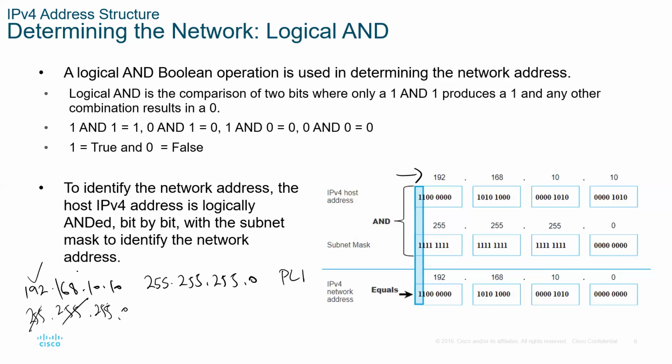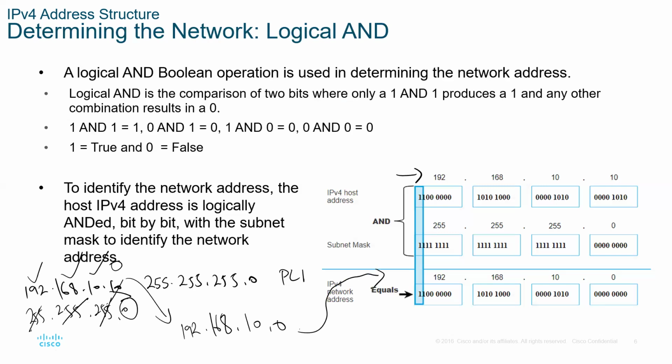This portion, all ones, remains the same. This portion, all ones, remains the same. This portion has zeros. Therefore, this 10 changes to a 0. And this gives you a network of 192.168.10.0.